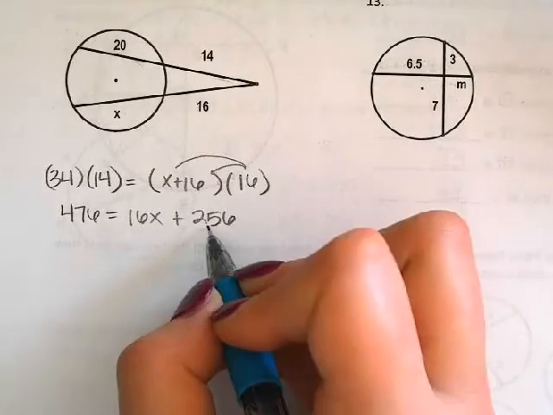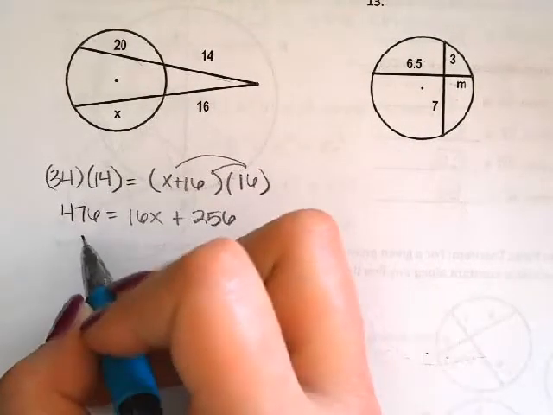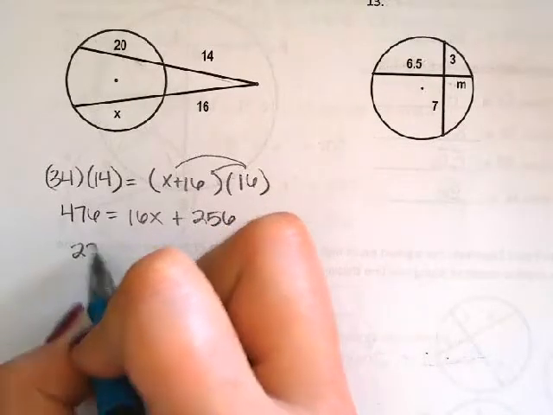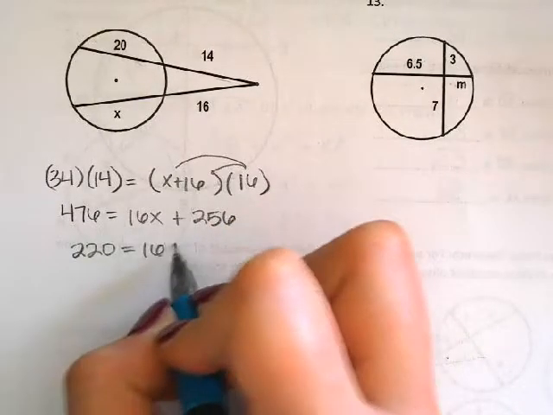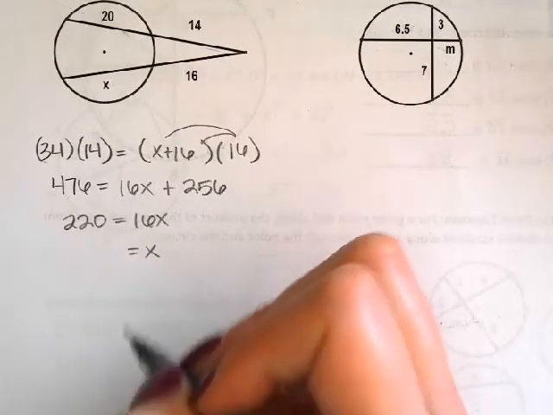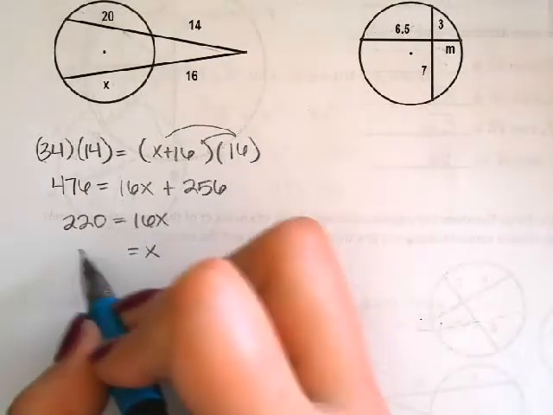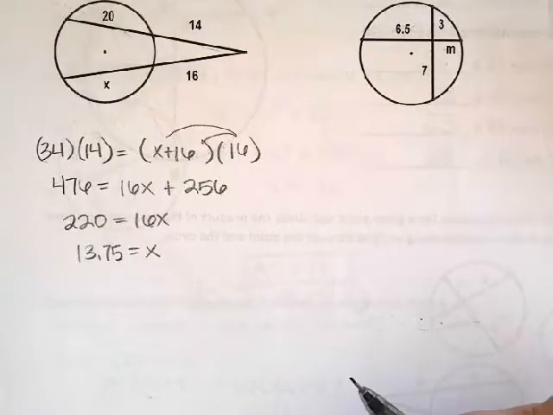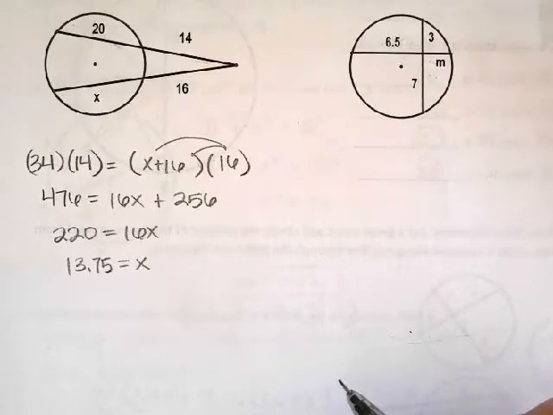And then when we subtract the 256 over, we get, and then we divide the 16 over. So if there's nothing on the outside, we'll multiply by 1.